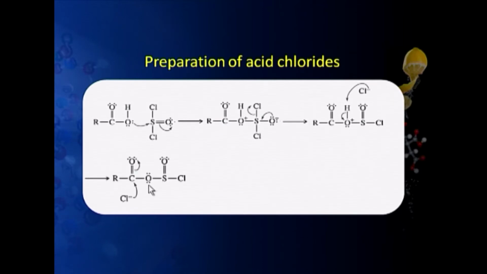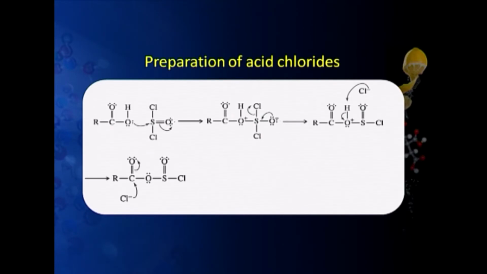Now, this compound is attacked by another chloride. This chloride is one that is already lost from here, or it can be the chloride from the same molecule, that is this chlorine may attack here, as you have studied in the SNi type of mechanism.